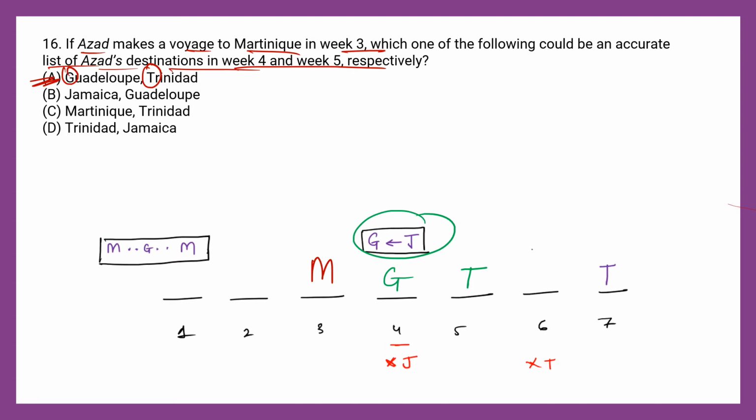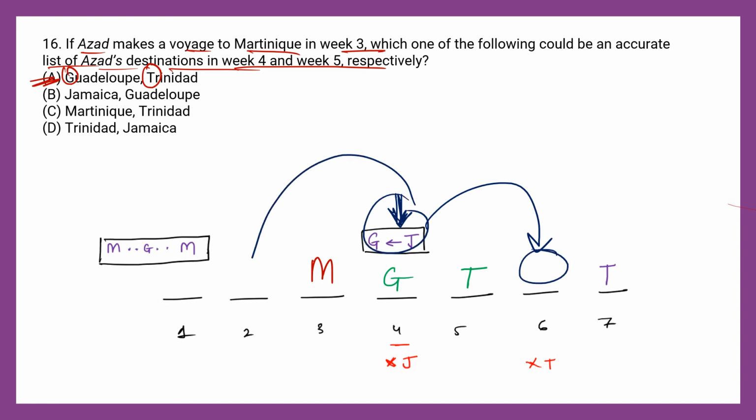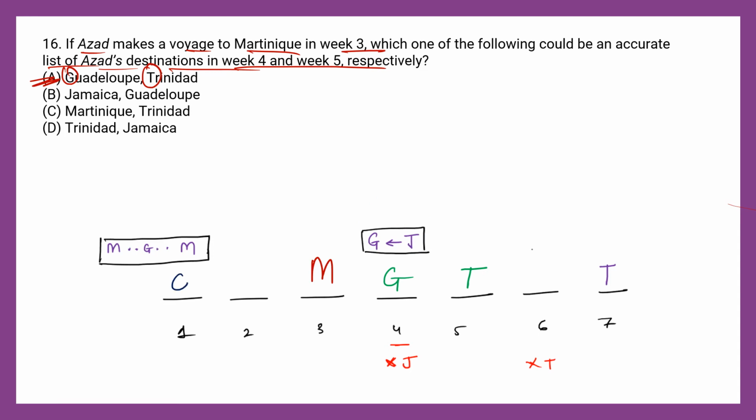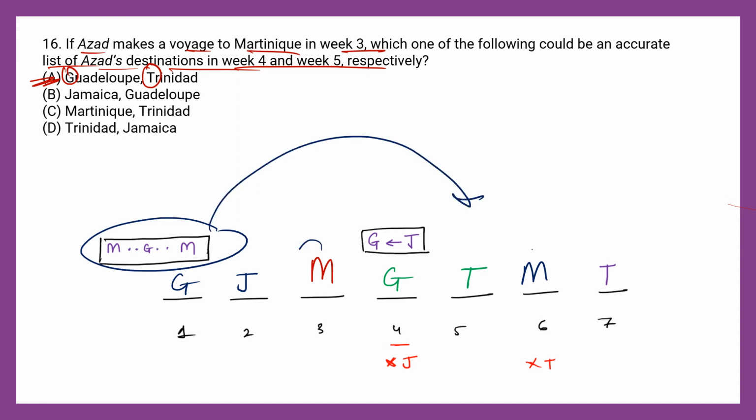Now, if you want to use the J and G, there's only one place you can put that. You can put it here, right? Because there's only one spot here. So let's put that and see if it works. If I put a G here and a J here, and then maybe I put the second M, as you can see, I get the MGM pattern here. Because you have the M, the G, and the M, this works.